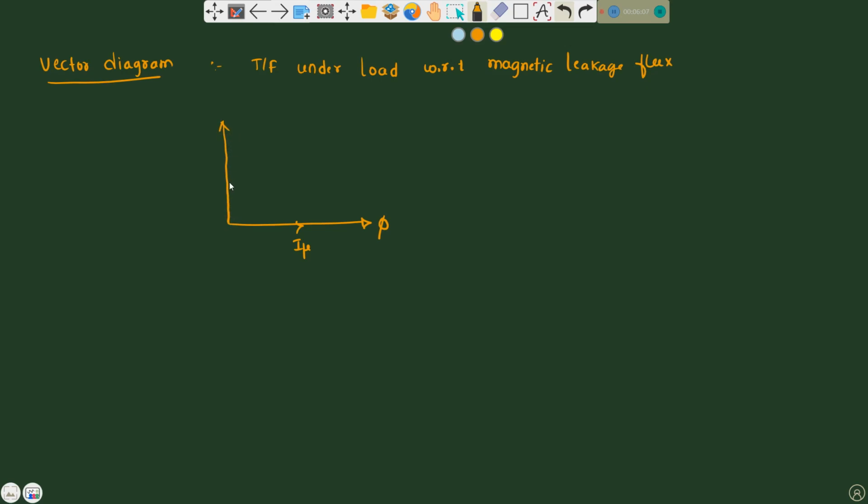Here it will be IW, the active component of current. Here it will be minus E1, correct. Then we have a resultant as I0, correct. This is I0.